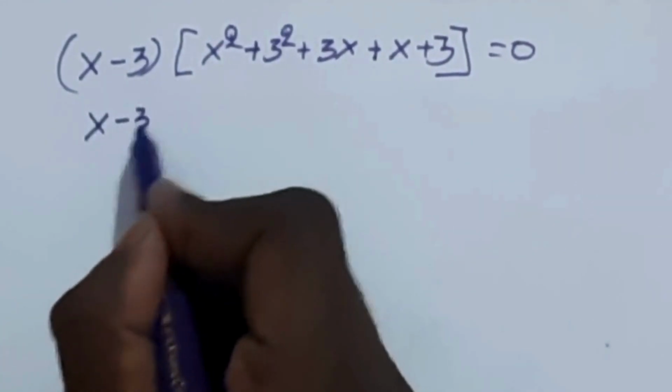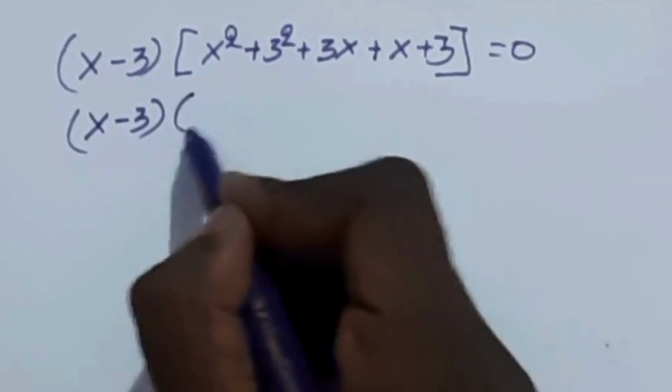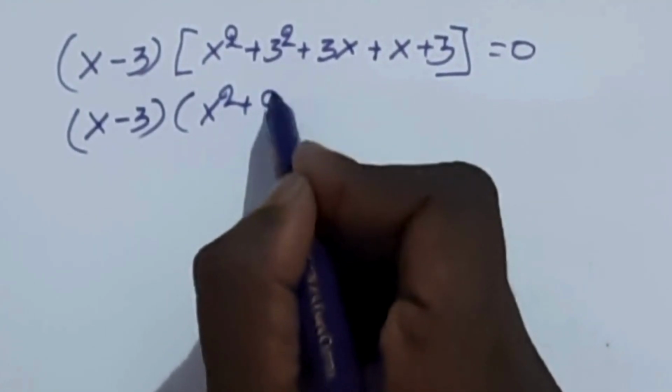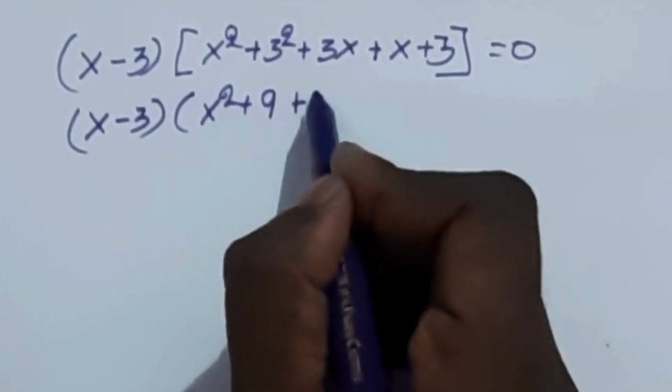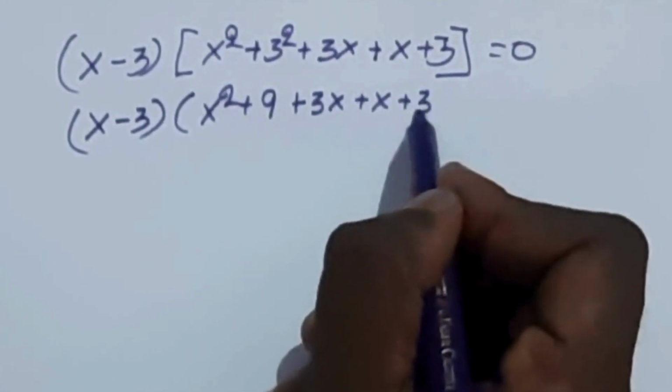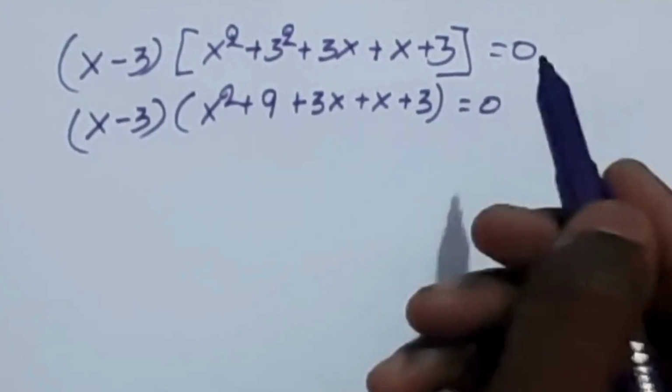Here x^2 + 3^2 is 9, plus 3x plus x plus 3 equal to 0.